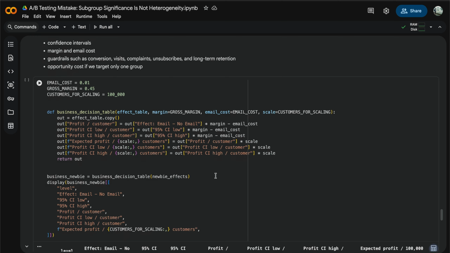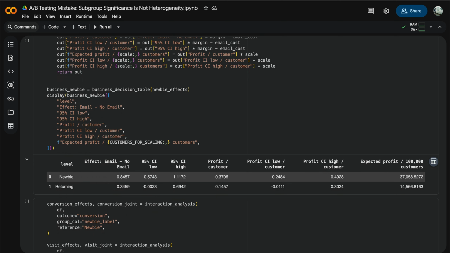So in this notebook, I use a very simple assumption: 1 cent per email and 45-cent gross margin. Under those assumptions, newbies have a stronger expected profit per customer. But we still need to check some guardrails.